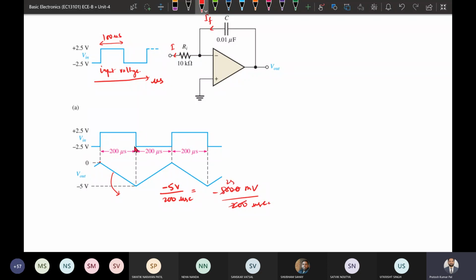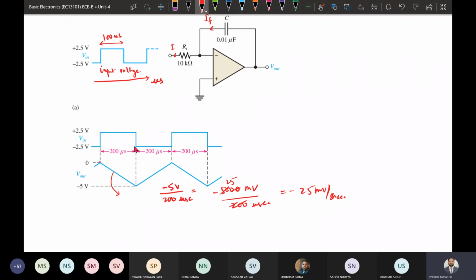Okay, so it is coming out to be 25 millivolt per microsecond. So that means the output that we will be getting is having minus 25 millivolt per microsecond. So the rate of change of output should be represented by this.